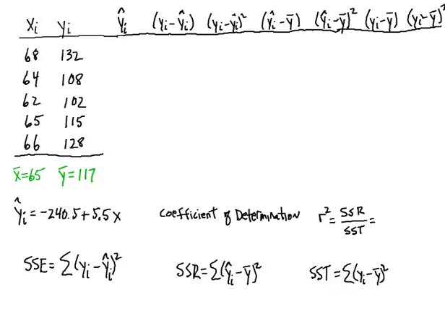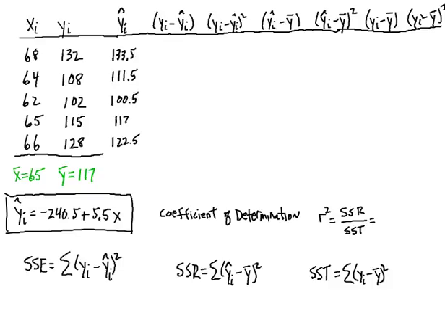Once we do that, we can add them all together according to the formula to get our SSE, SSR, and SST. So let me go ahead and take each of the x values and plug them into our regression formula that we've already created and fill out that column. Okay, for a value of 68 plugged into my formula, I get 133.5 pounds.